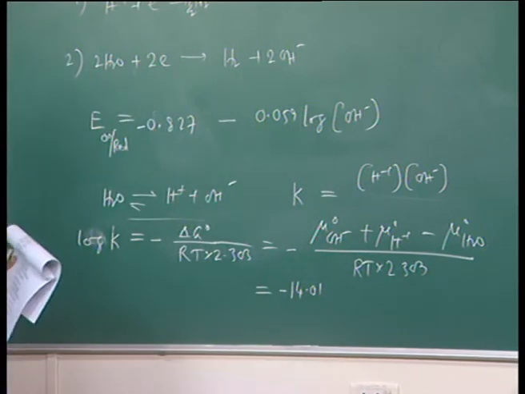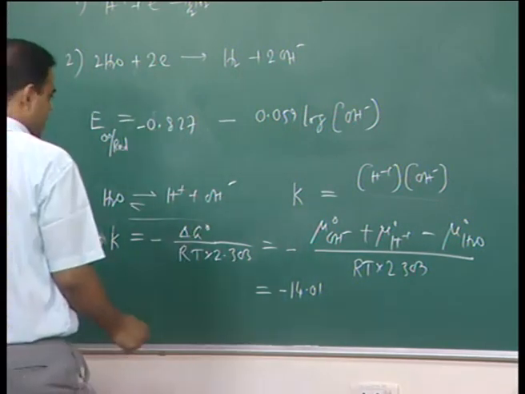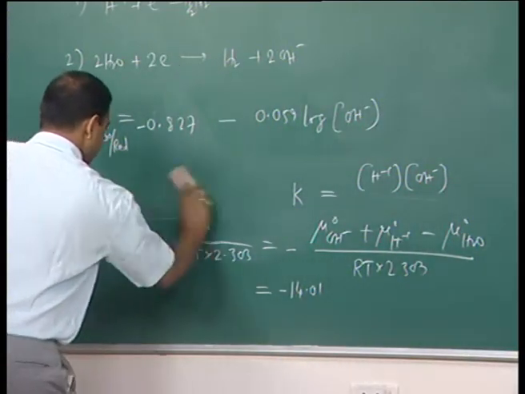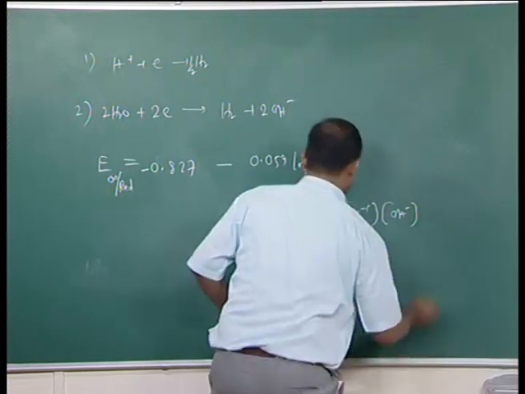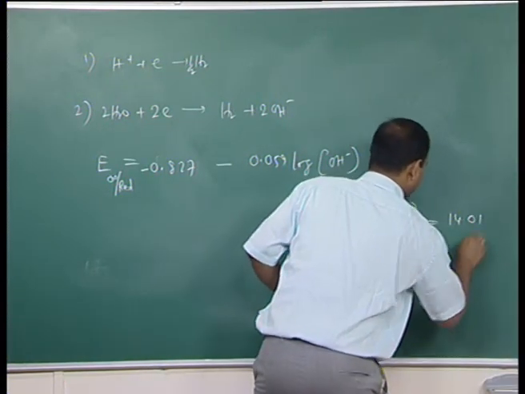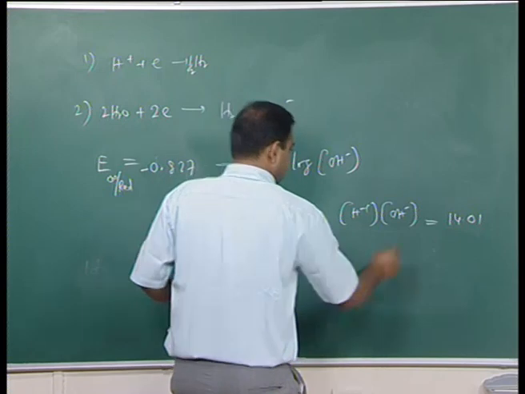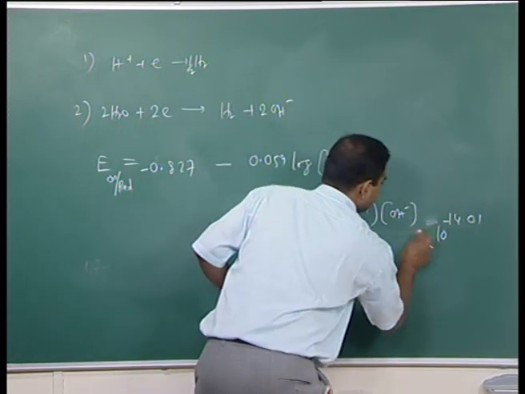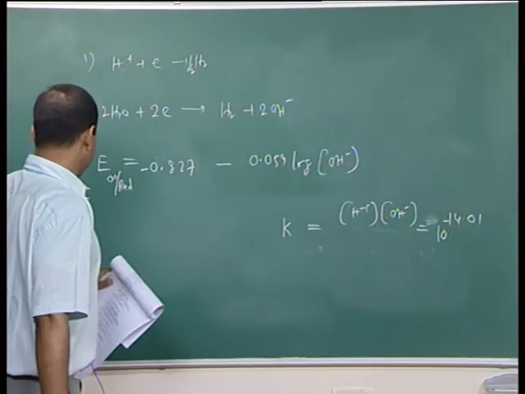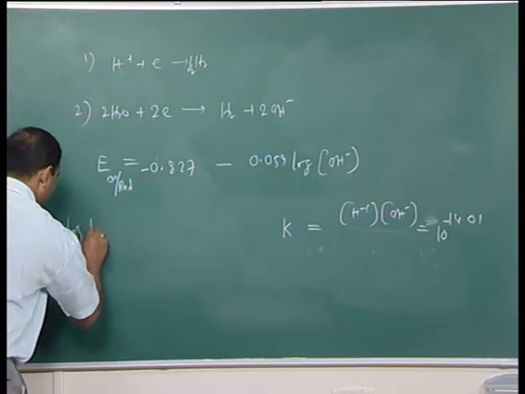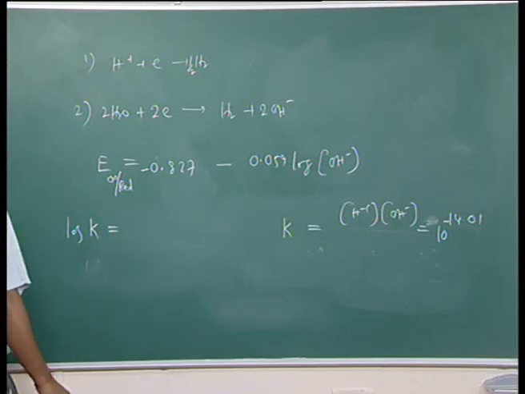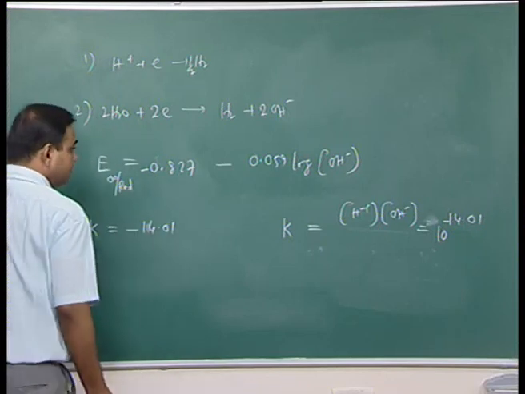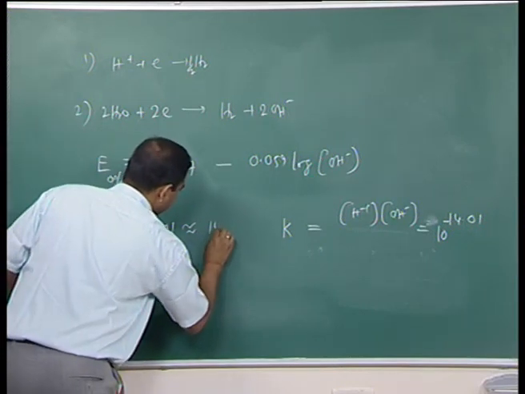So log K is nothing but minus 14.01. Let me remove all this part now. So K would be equal to 10 to the power minus 14.01, because we have seen that log of K in the neutral condition is minus 14.01, which you can write as 14.